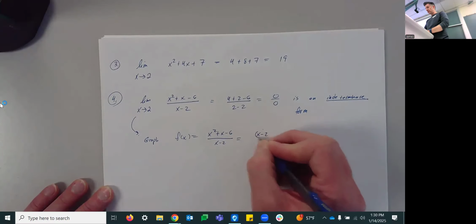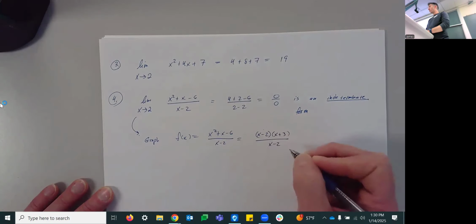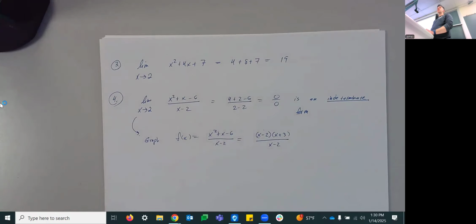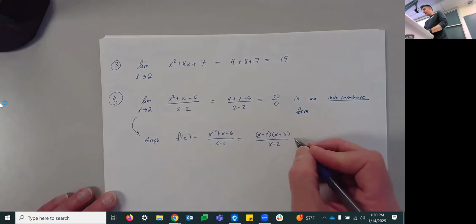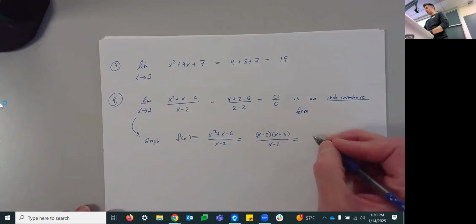Factors as x minus 2 times x plus 3 divided by x minus 2. We knew x minus 2 was going to be a factor, because when we plugged into the top, we got 0. That's the fundamental theorem of algebra. If you plug in a number to a polynomial and you get 0, x minus that number has to be a factor. True story. And then, as long as x isn't 2, this is equal to x plus 3.